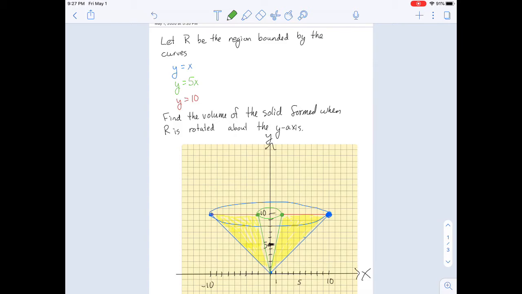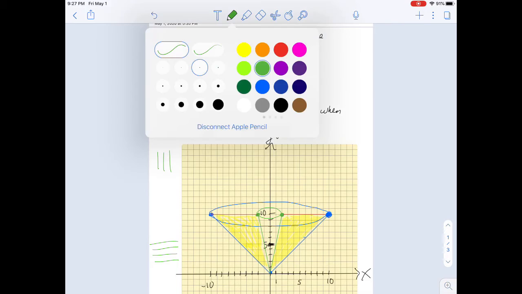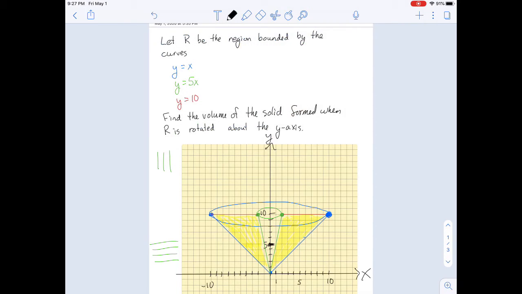My goal here is to slice this up, and I can either make horizontal slices or vertical slices. I'm going to choose the horizontal slices because when I do so, here I'm going to cut a plane out. I will have concentric circles. I'll look down on that cone and I'll see circles there.